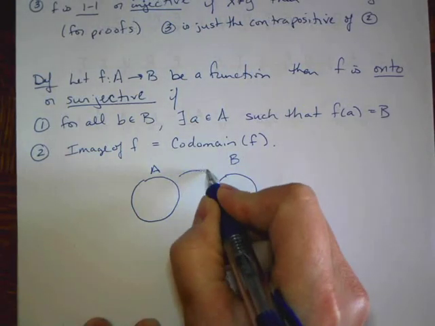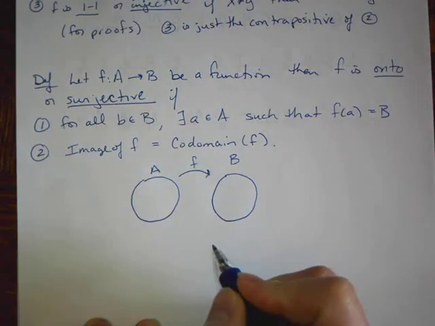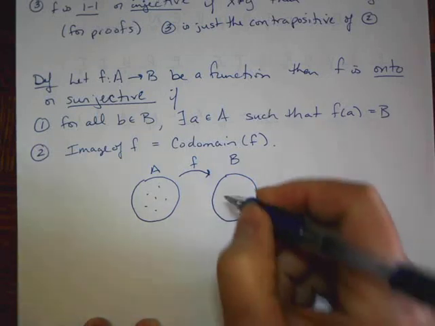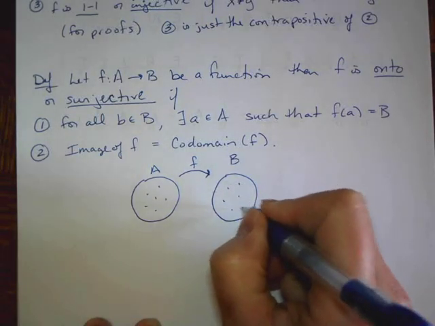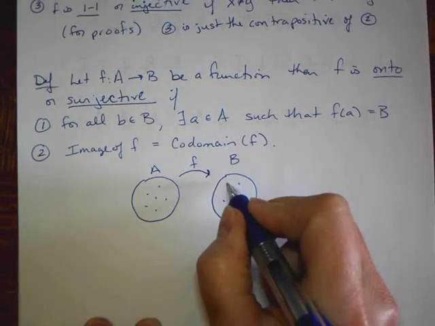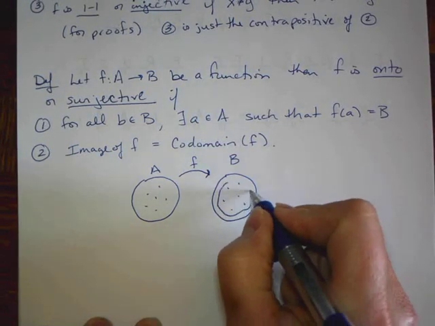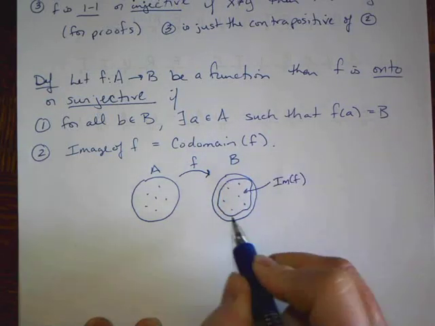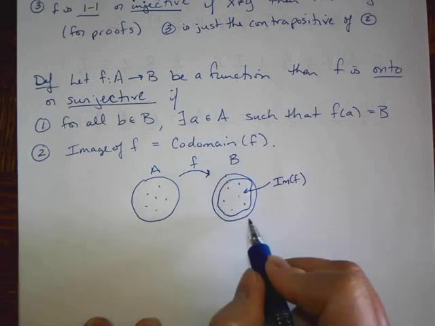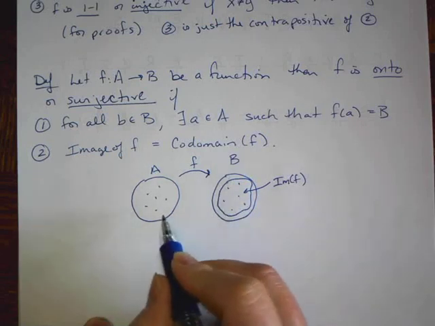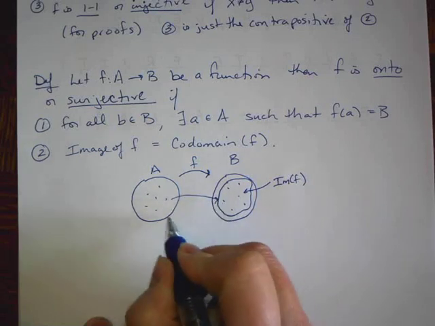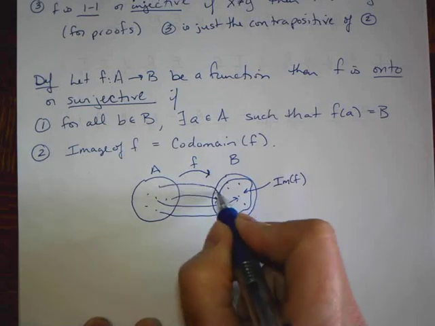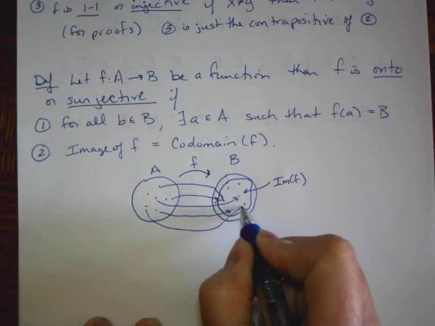Let's do a quick diagram for this one. Here's your domain. Here's your codomain. Have your function f, and let's put some elements there in A, and some elements here in B. If the image of f is everything, so there's nothing left outside there, if the image is everything that's hit by the elements in A, then it is onto.